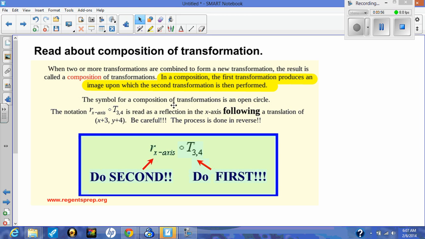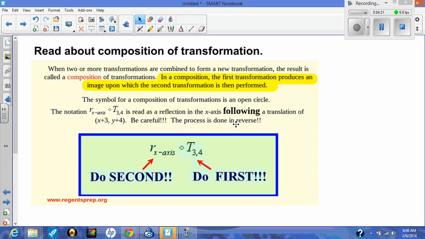All right, the symbol for composition of transformation is an open circle. We can see there's one here, and we have some new notation to learn as well. This is actually translation with the rule of 3, 4, and this is actually reflection over the x-axis. So we're combining these two transformations with an open circle. The key to compositions is how we read it as well.